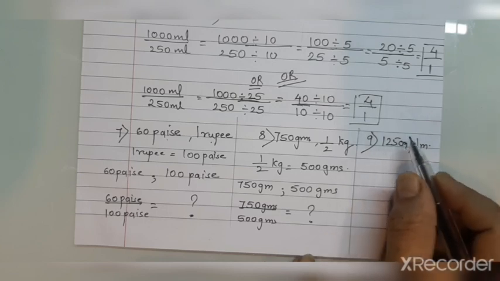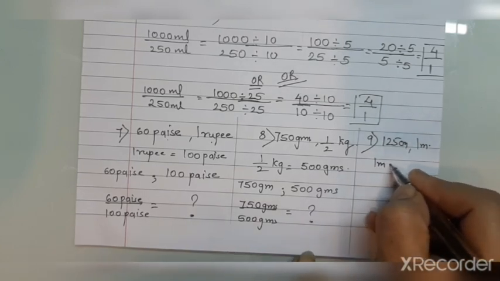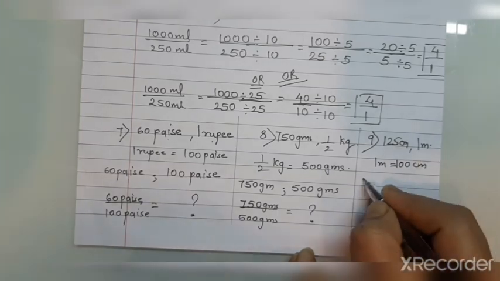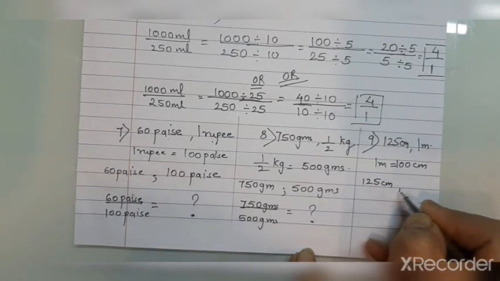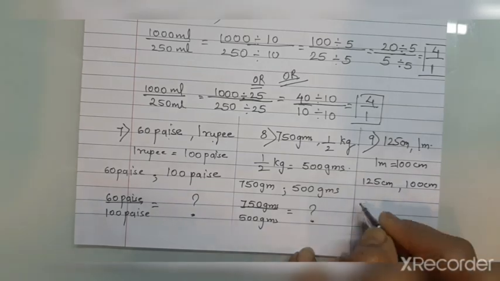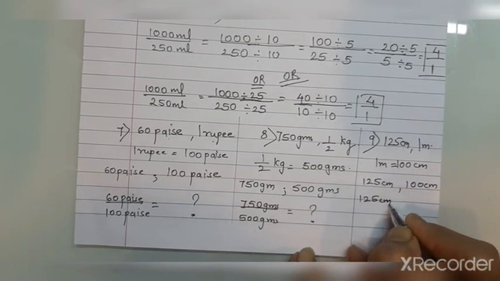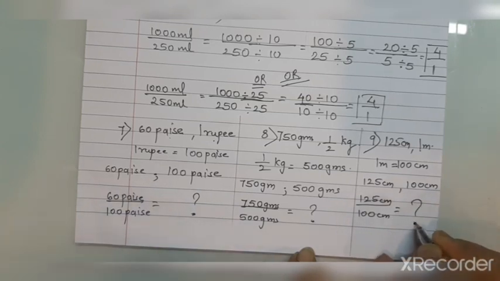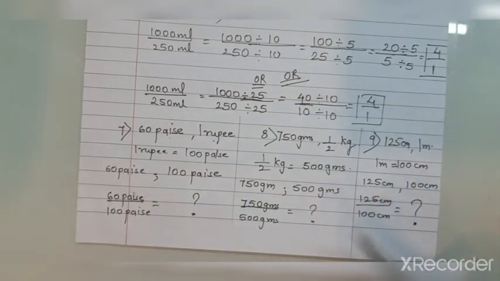We know that 1 meter is equal to 100 centimeters. So instead of 1 meter, we will put 100 centimeters. So our calculation is between 125 and 100. Then the further steps you all will do as we have solved the other sums.